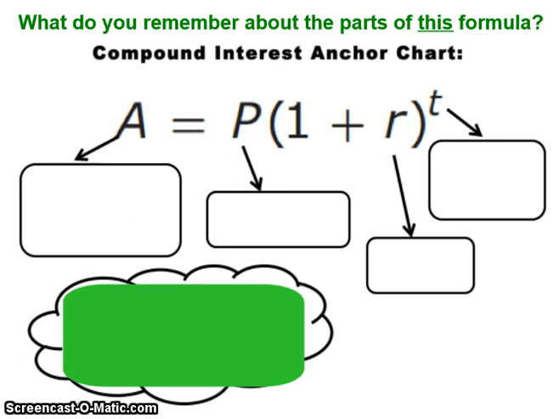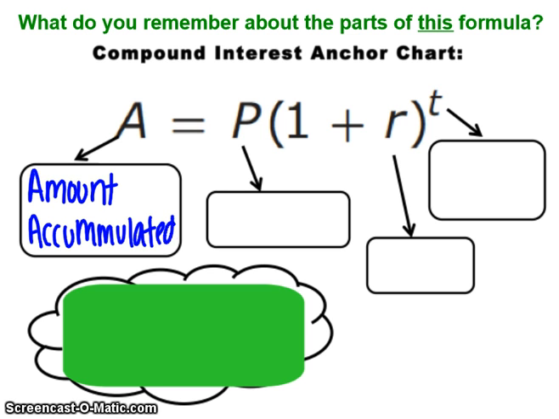Alright, let's look at our compound interest formula. The A stands for amount accumulated. All amount accumulated means is that it's going to include the interest plus what I already gave the bank. P stands for principal.